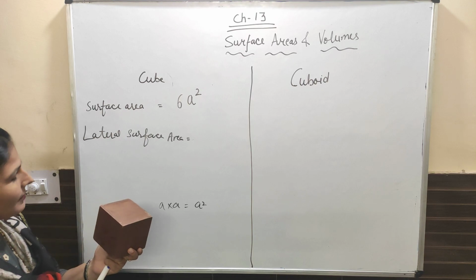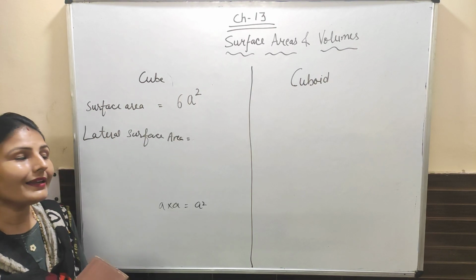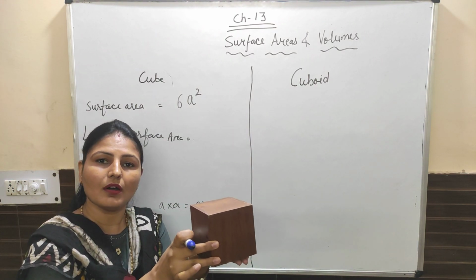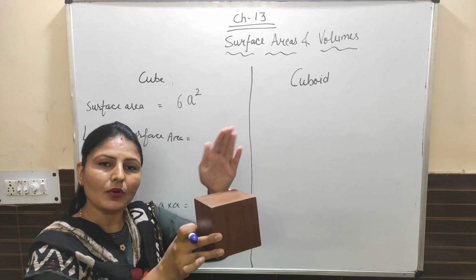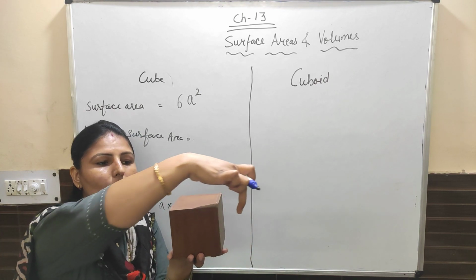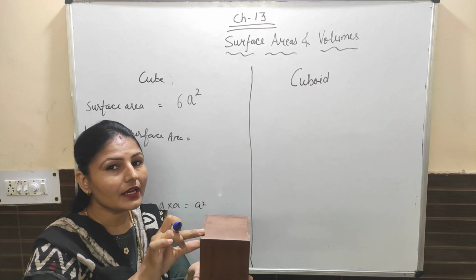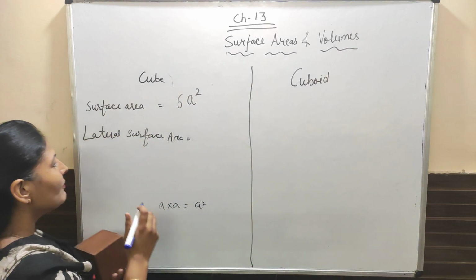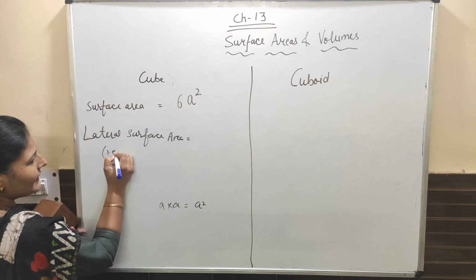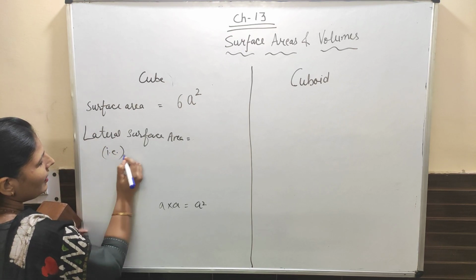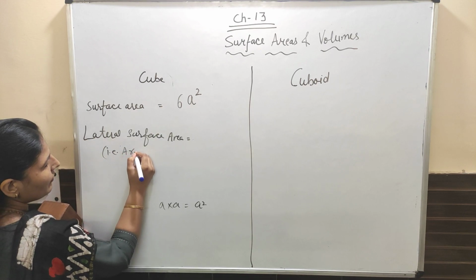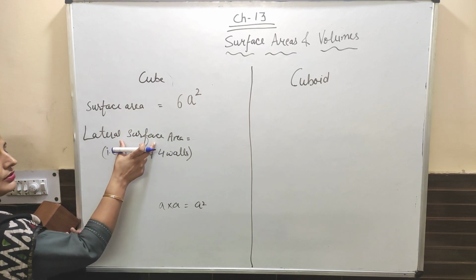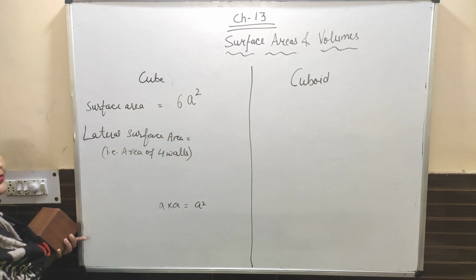Now we will discuss lateral surface area. What is lateral surface area? When we exclude the top and bottom of the cube and talk only about the walls, what do we call that area? Lateral surface area, and you can say area of 4 walls. Whenever you have to talk about the area of 4 walls, it means you are talking about the lateral surface area of a cube.